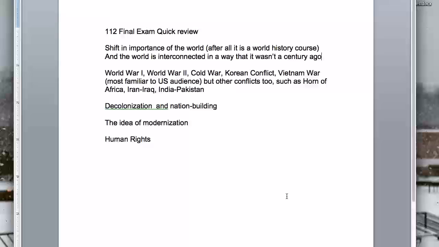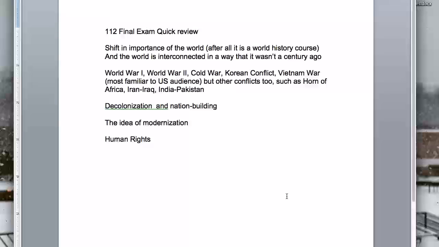If you look back at the course of history that we've covered since the midterm exam, let's say, to make it easy, about 100 years, one of the first things that you'll notice is what I call the shift in importance of the world.